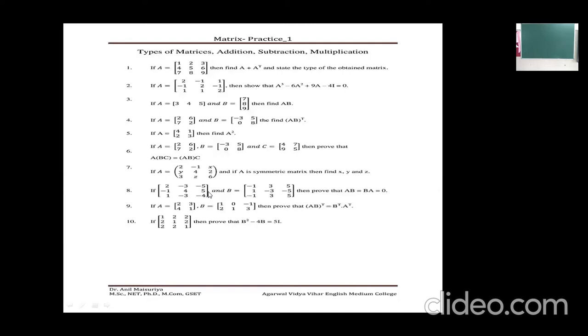That means whatever answer we get after finding A plus A transpose, we will conclude whether the obtained matrix is a row matrix, column matrix, or square matrix. That means you have to state the type of matrix. So let's start the first question.